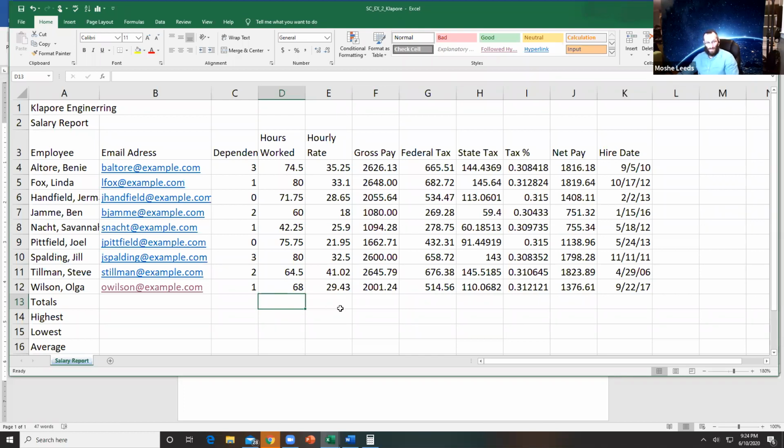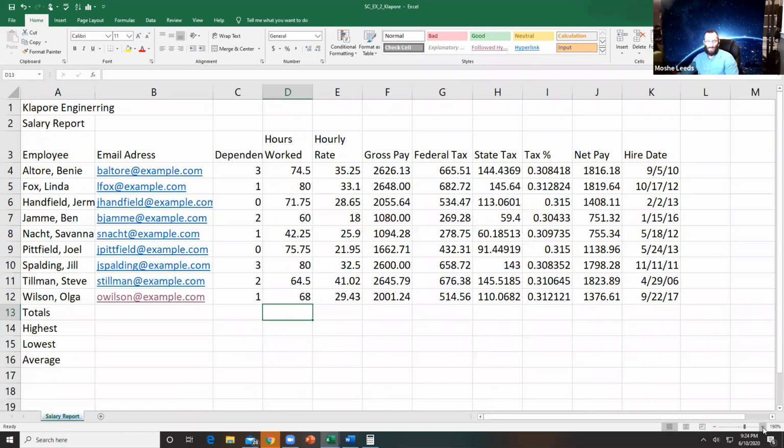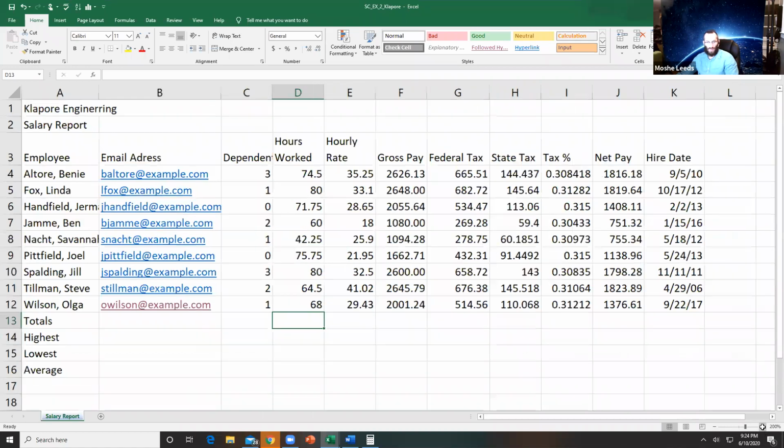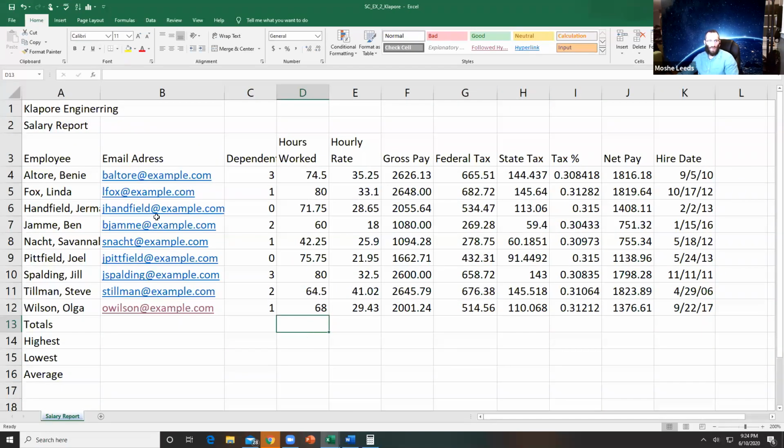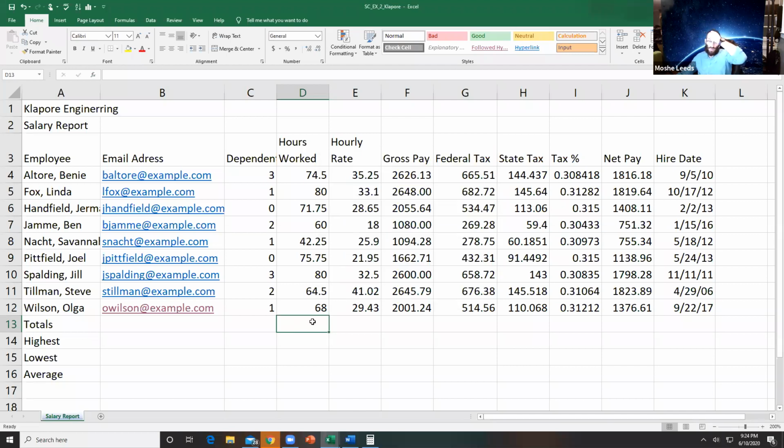Okay, so I want to make sure I'm on D13. I'm going to make it big again, maybe even a little bigger. There we go. Okay, I'm on D13. I'll just double check up there. I got D13, and I'm going to do an Autosum. So there's a few ways to get here.